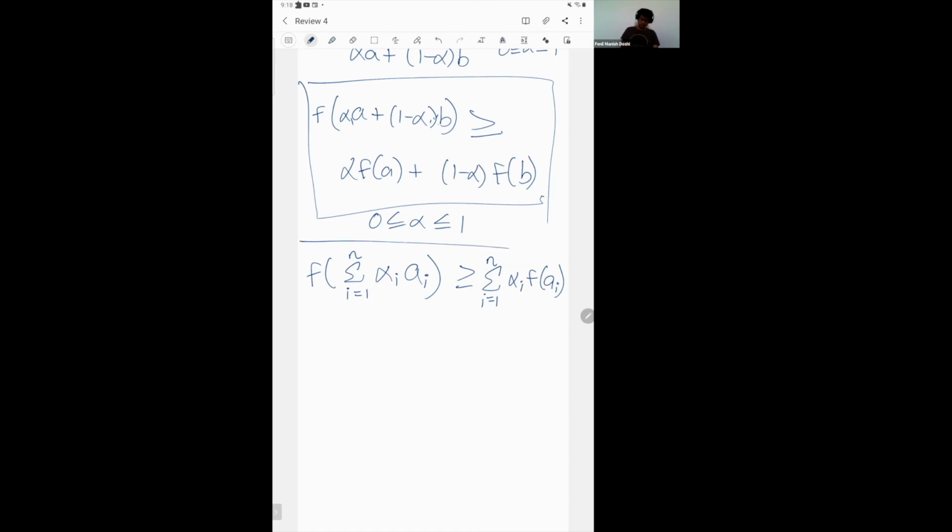Again, in this case we need to ensure the summation of alpha i is 1.